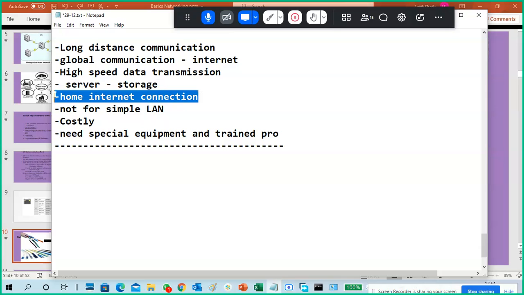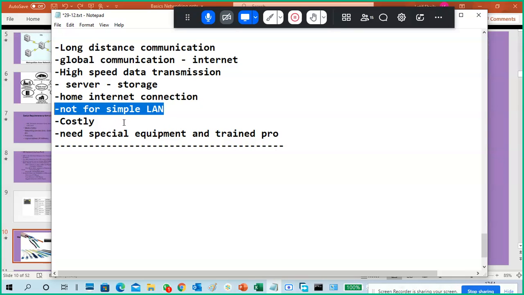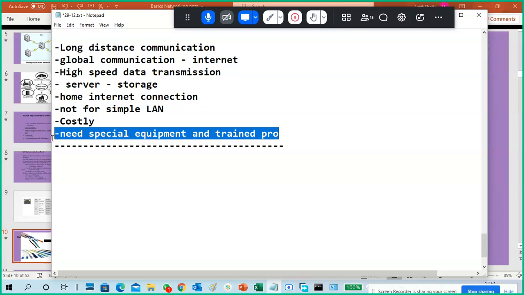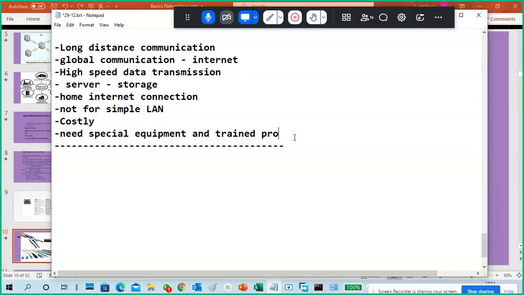Home internet connections also use it nowadays for broadband, but not for simple LAN purposes, because it is very costly and we need special equipment and professionals.